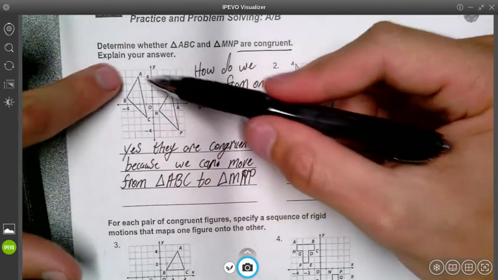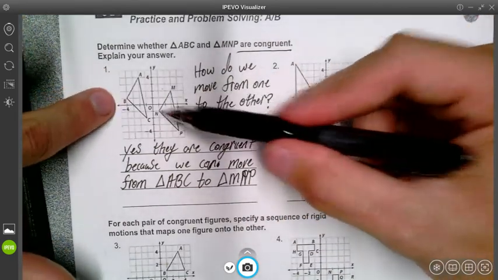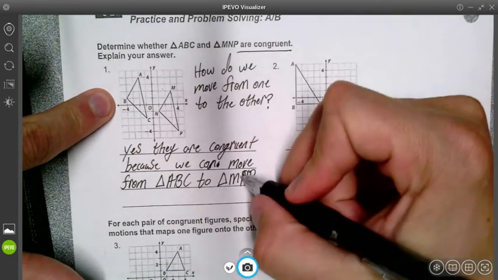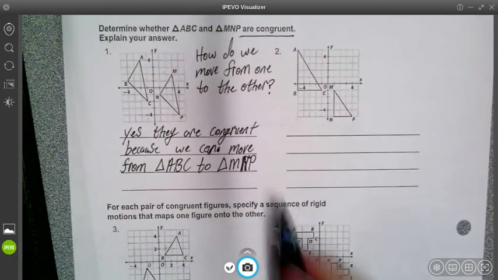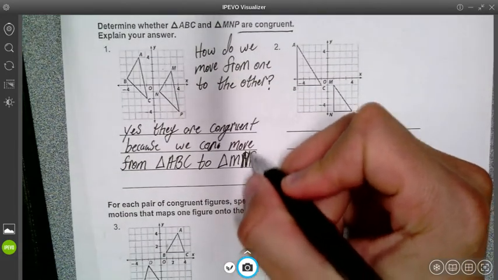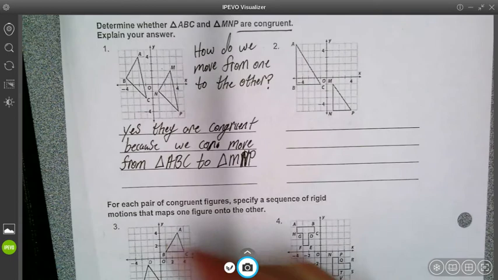They should correlate, right? So A should correlate with M, B should correlate with N, and C should correlate with P. So we know that the order is the same. Pretend that that's an N.